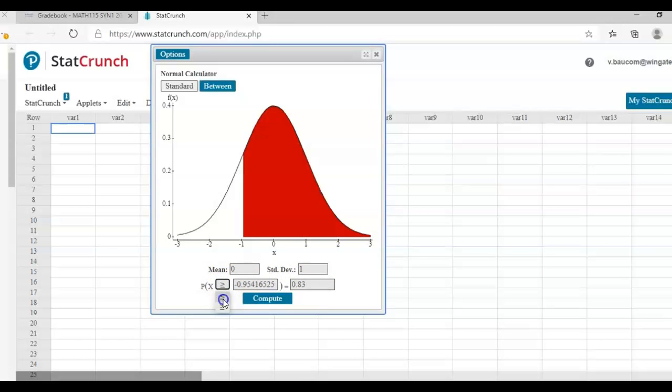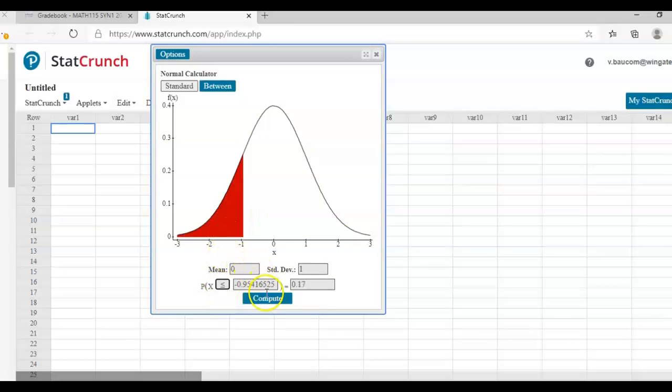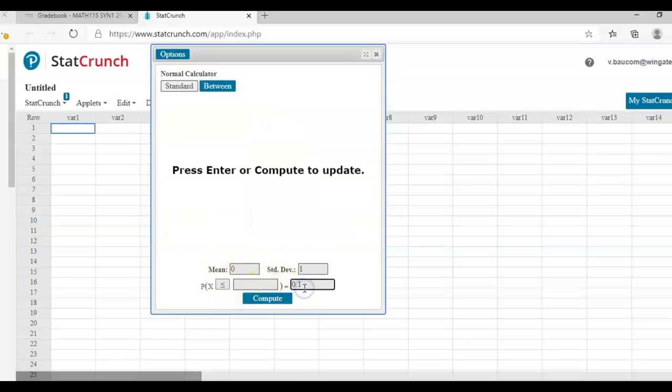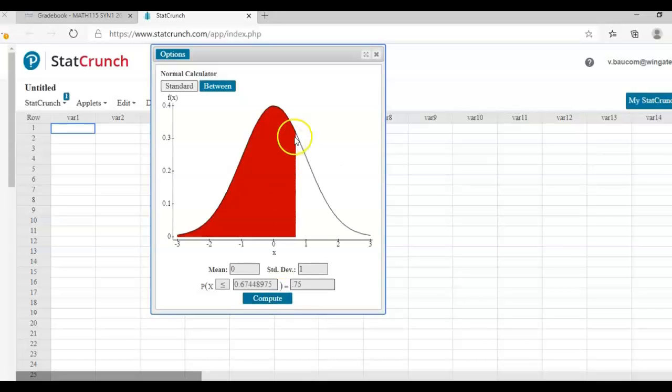So if I'm looking at greater than, and let's say that I want the left tail to be 0.75. Okay, so this score here, which is 0.67, if I look at the probability that x is less than that, that's going to be 0.75.